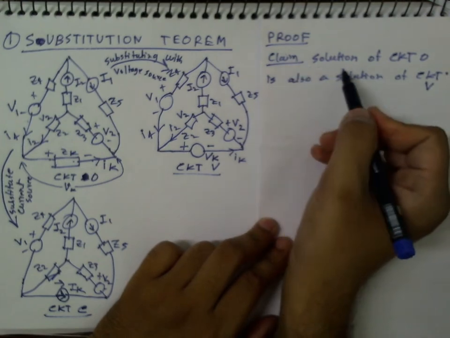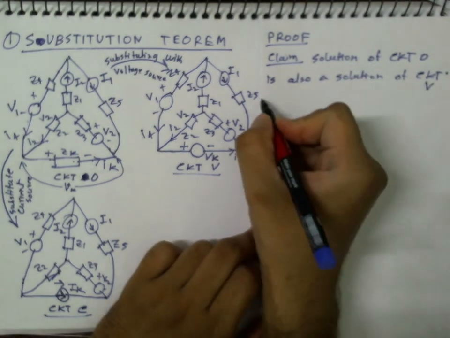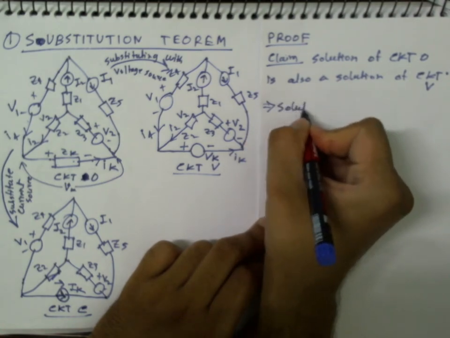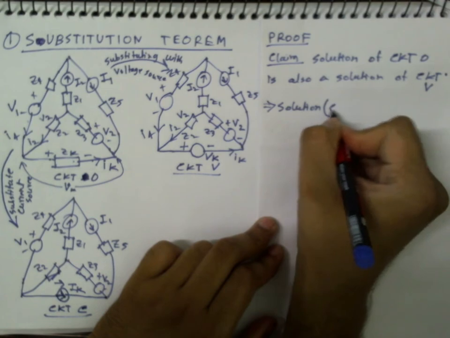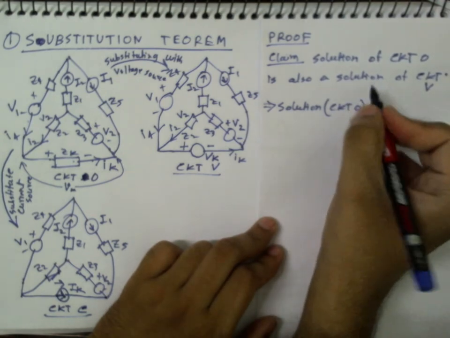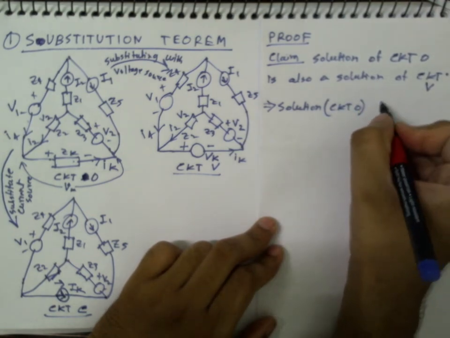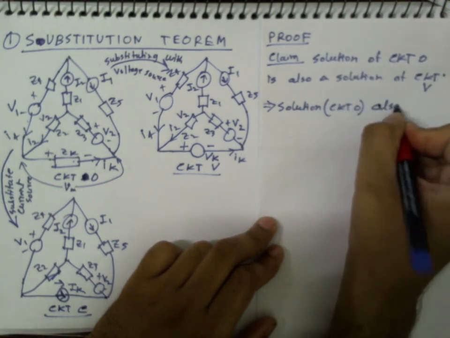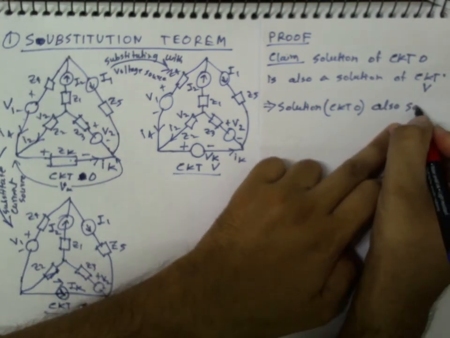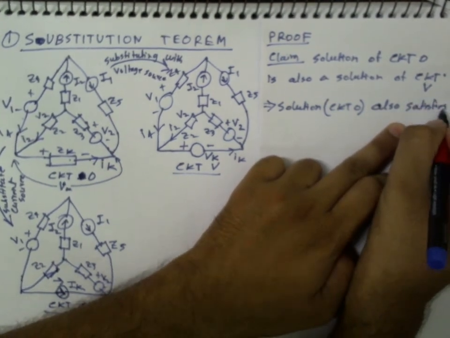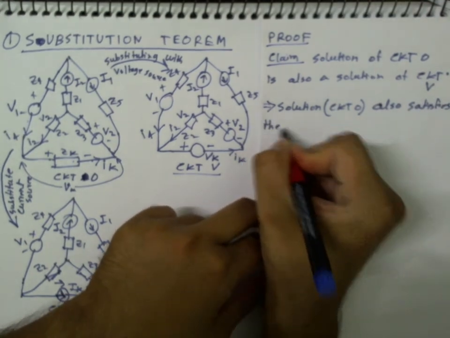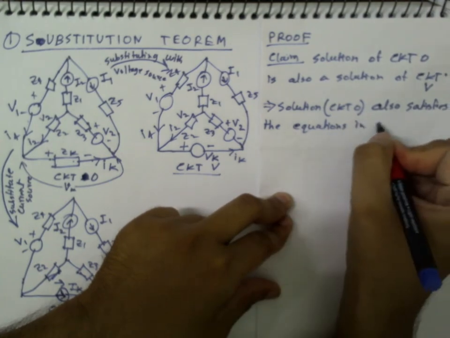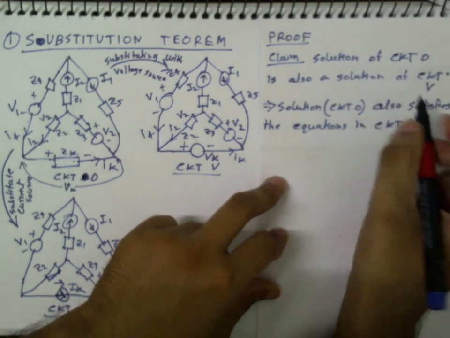So what does that mean? It means the same as saying that the solution of circuit O also satisfies the constraints or equations in circuit V. So what are those equations?